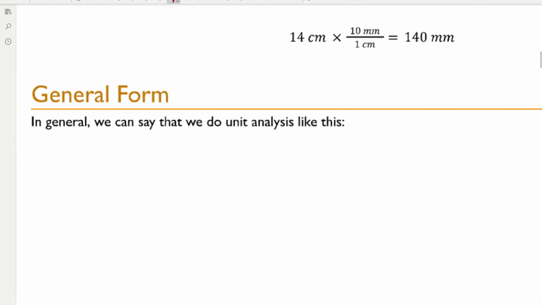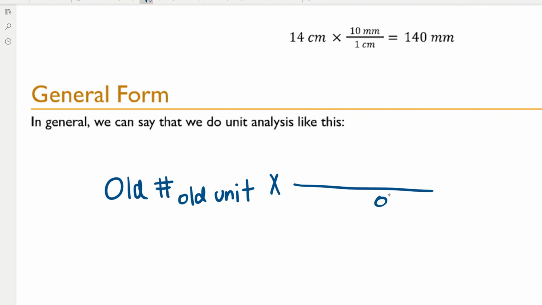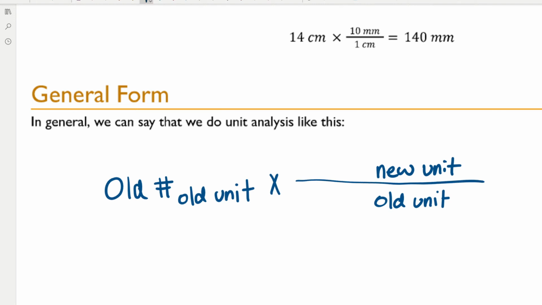So in general, we can do this. We can say the old number, or the original number, with the old unit, we're going to multiply it by a fraction, and we're going to put the old unit on the bottom of that fraction and the new unit on the top of that fraction. And again, this isn't to be like some kind of black box or some mystery box. The whole reason we're doing this is that when you divide something by itself, it cancels.